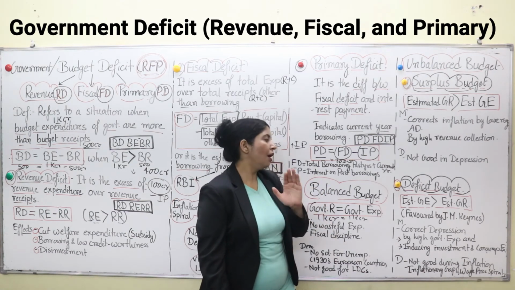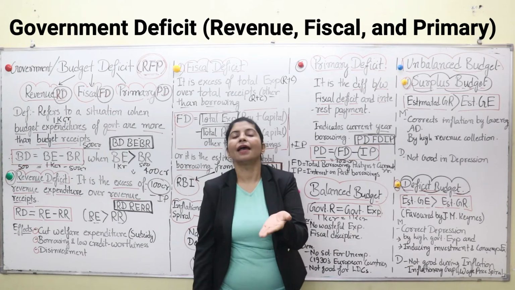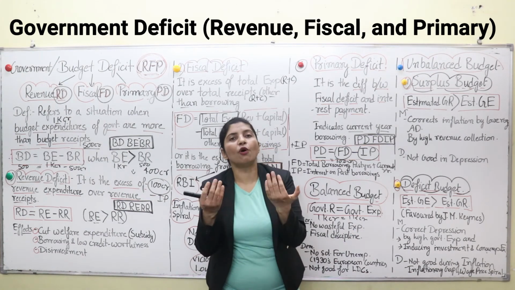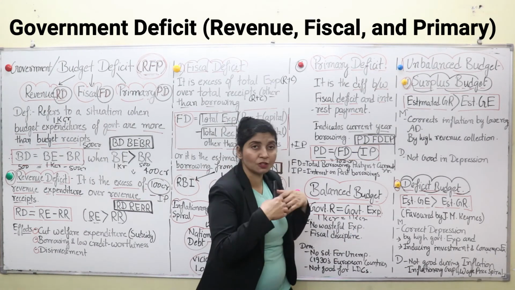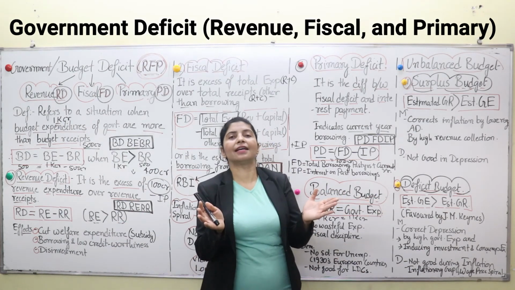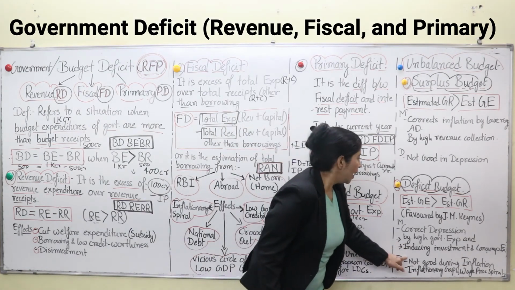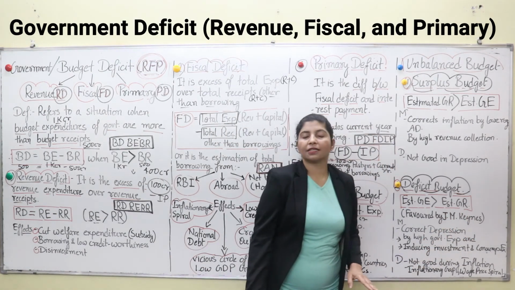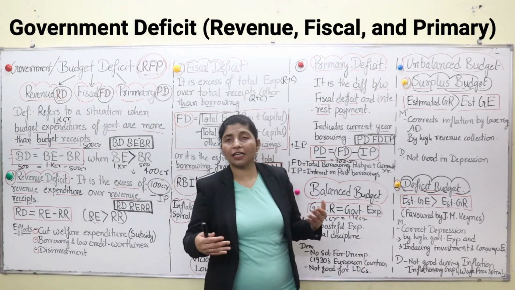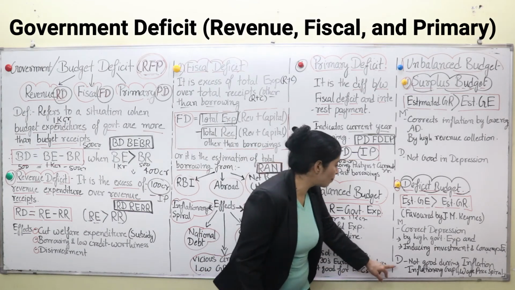In that manner, your employment will increase and people will have more purchasing power in their hands, they will spend more and it will again increase aggregate demand, again employment will increase and there will be prosperity in economy, right? Inducing investment, consumption, expenditure. Your higher expenditure by government will induce more consumption expenditure by people and people will demand more.